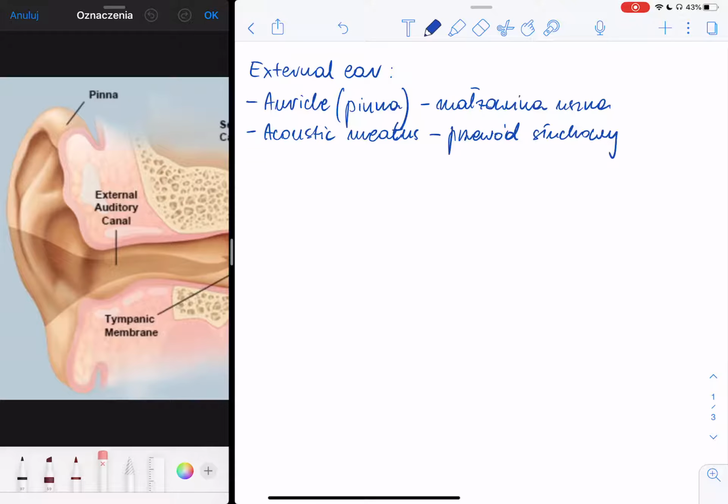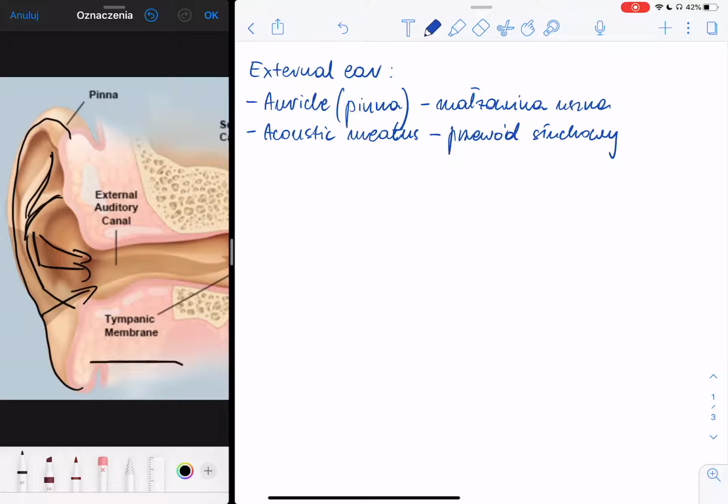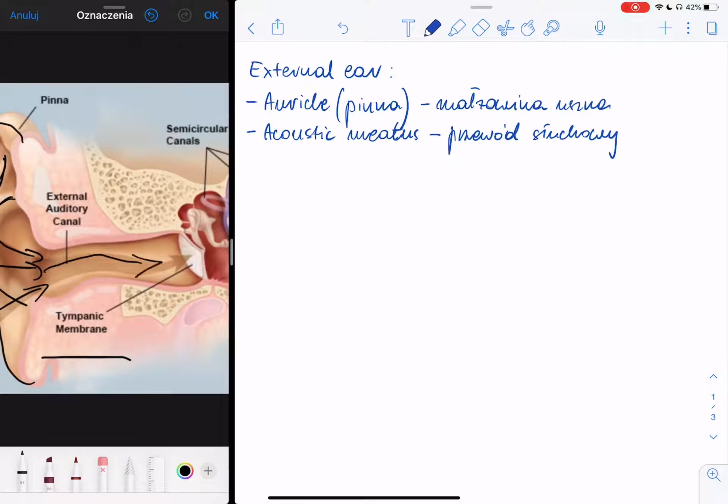Pinna is that element that is sticking outside of our skull. It's basically cartilage covered in skin, which means this is elastic, but it's also kind of stiff, so it can hold its shape. It's weirdly shaped on the outside, but each of these folds make the sound waves focused into the opening of the canal, which is the acoustic meatus, which is here.